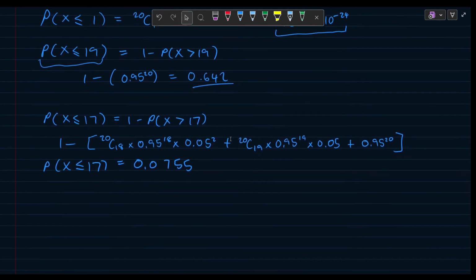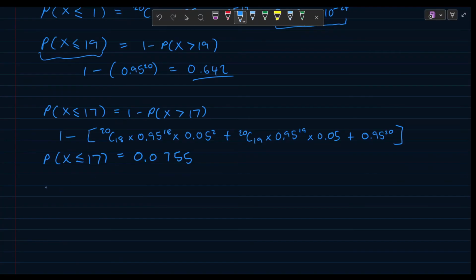So let's try x is less than or equal to 16. So the probability that x is less than or equal to 16, that's going to be 1 minus the probability that x is greater than 16.